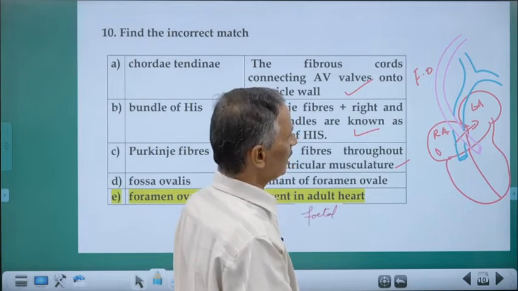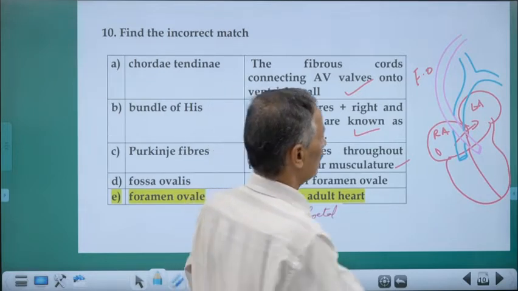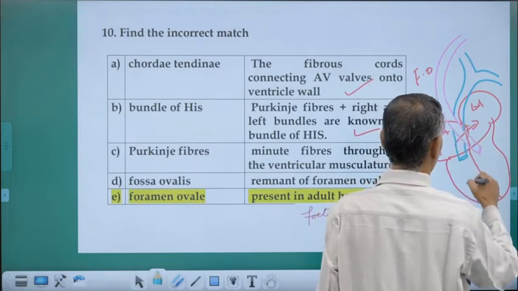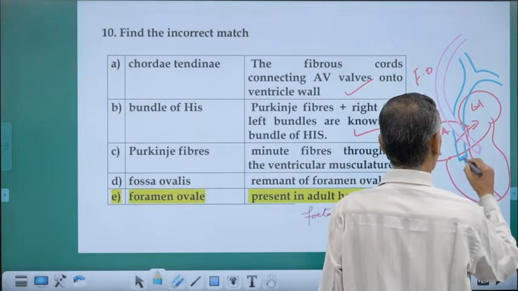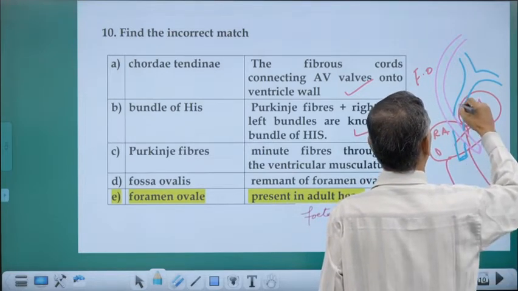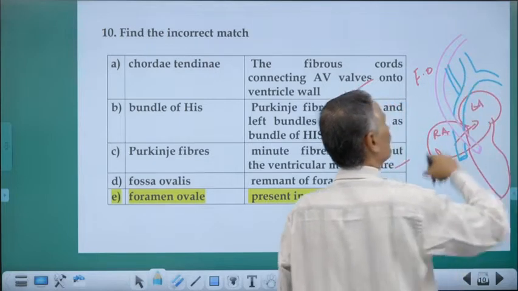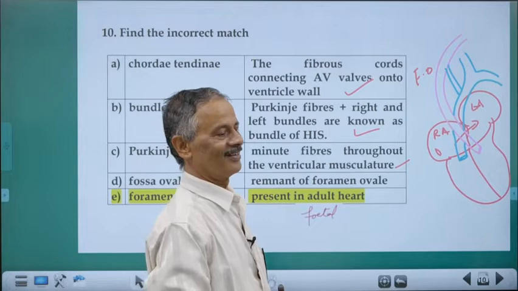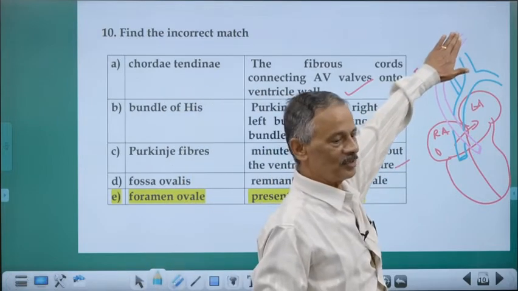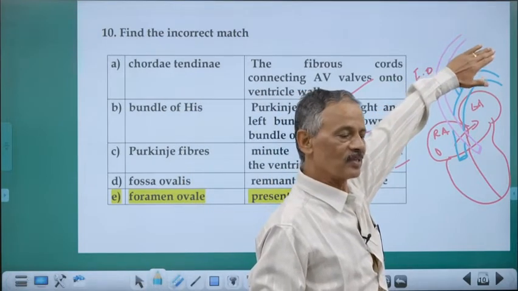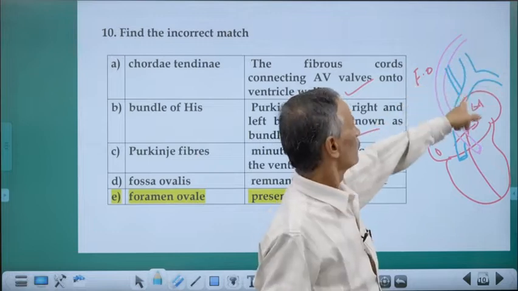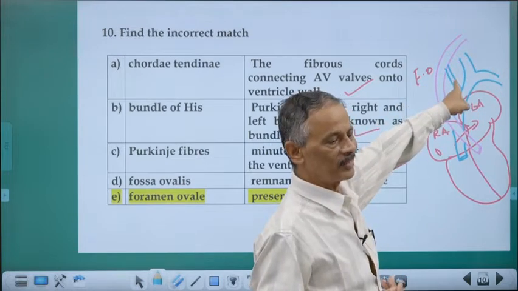So, even if a small amount of blood enters from the right atrium to the right ventricle and tries to pass through this one, that blood is shunted to the aorta. It is not allowed to go to the lungs because the lungs are not functional, through a small duct.